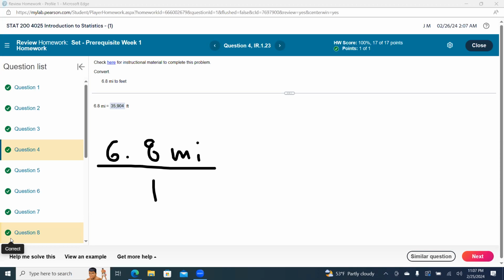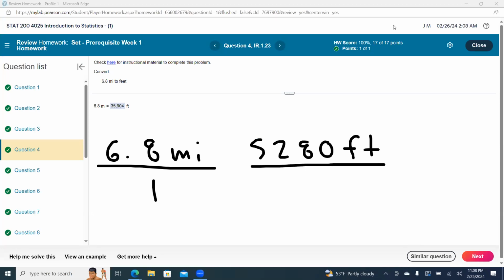We have to know how many feet are in a mile. So what we literally do there is 6.8 times 5280. We're not doing anything special here. We just do it on the calculator.